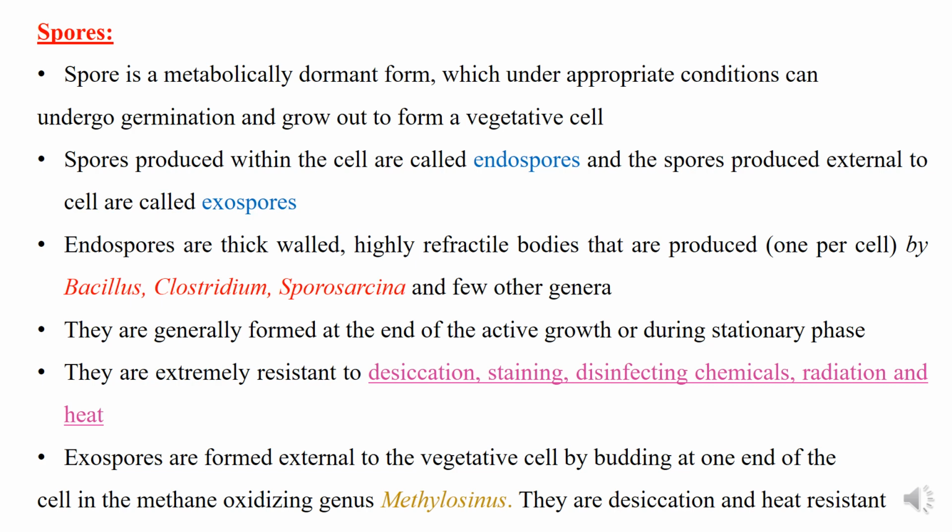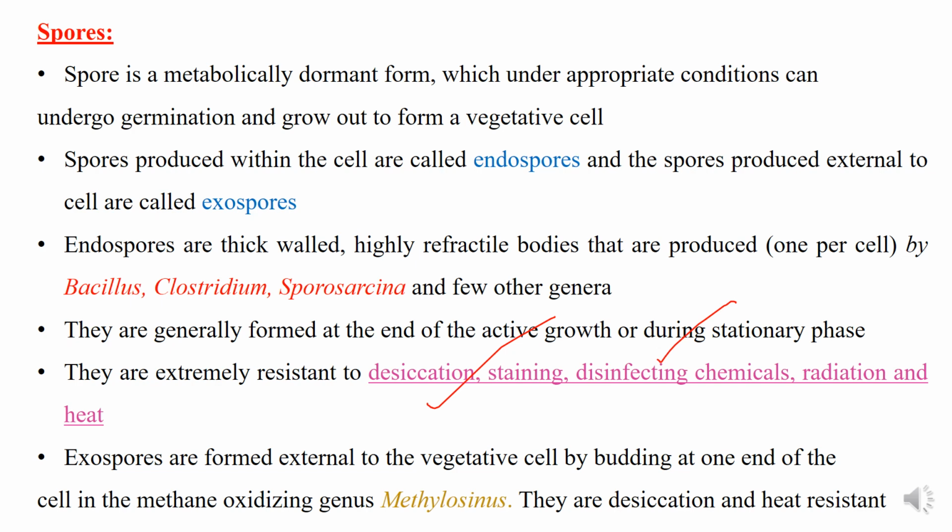They are produced inside the cell by Bacillus, Clostridium and Sporosarcina, at the end of active growth or during the stationary phase. The advantage of endospores to the bacteria is that they are extremely resistant to desiccation, staining techniques, disinfecting chemicals, radiation and heat.